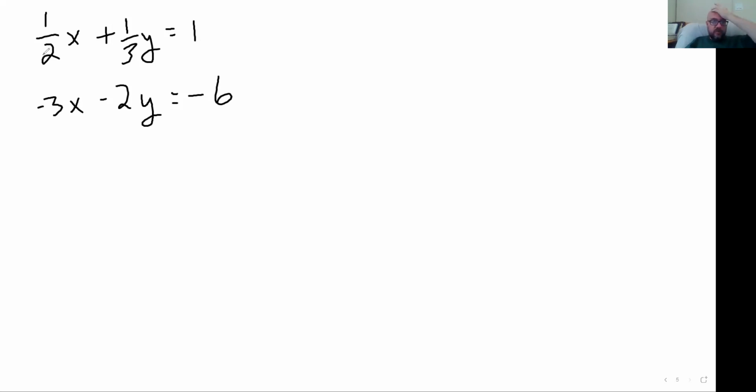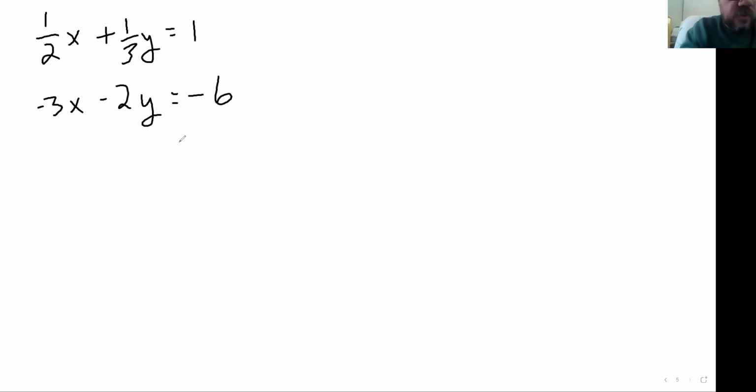So to get rid of the 1/2 and the 1/3, I want to multiply both sides of the top equation by 6 before I even decide what method I'm going to use, although I've already decided it's going to be substitution. I can get rid of the fractions and see if that tells me anything.